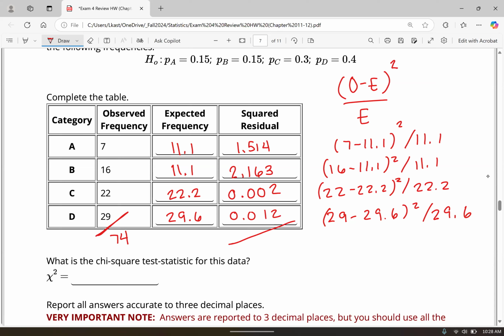And to find the chi-squared test statistic, I take that squared Pearson residual column and add them up. And when I add them up, I get 2.691. So the chi-squared test statistic is 2.691, to 3 decimal places.